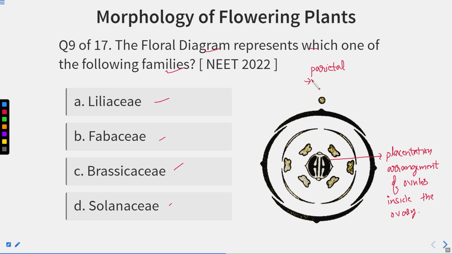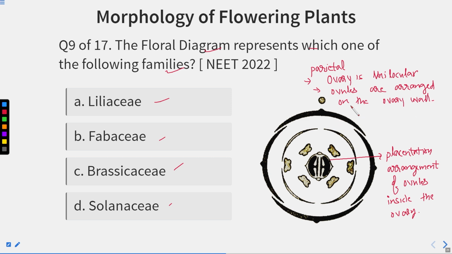What does parietal placentation mean? The ovary is unilocular. There is no septa present here and the ovules are arranged on the ovary wall.